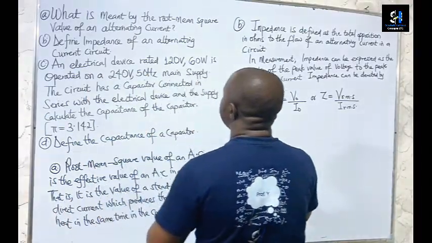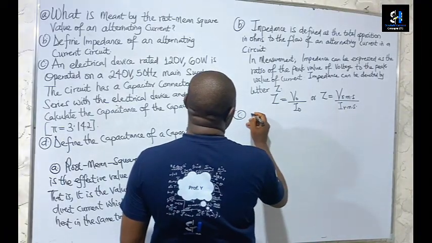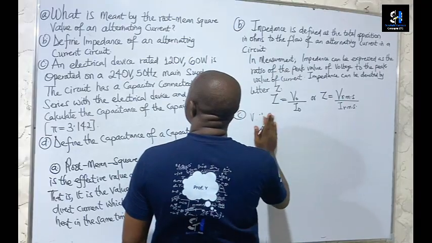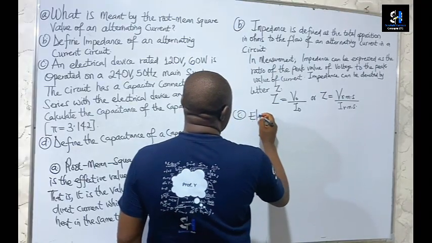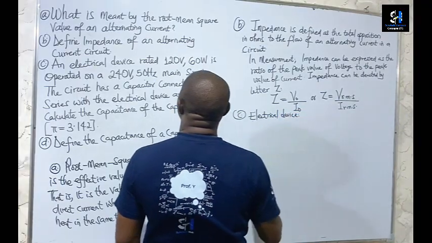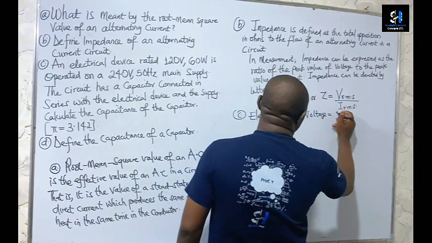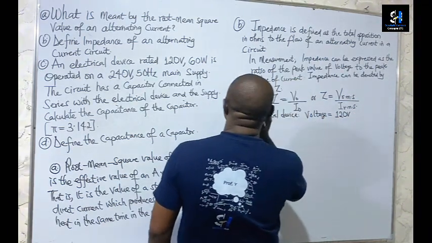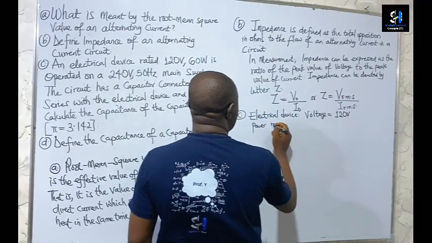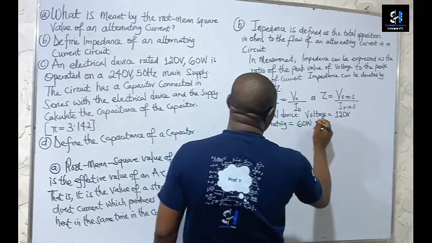So for the electrical device we have voltage equals 120 volts, and the power rating equals 60 watts.